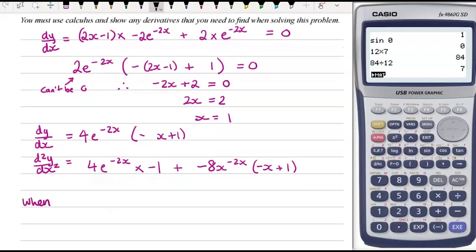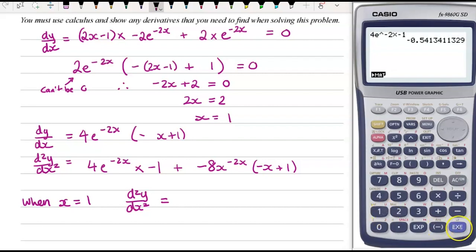So when x is 1, the second derivative is going to be, we'll go over to our calculator, so 4e to the, so if x is 1, it's going to be a minus 2 times by minus 1, and then let's add on minus 8 times, we've got e to the power of minus 2, and then it gets multiplied by minus 1 plus 1, it's 0.